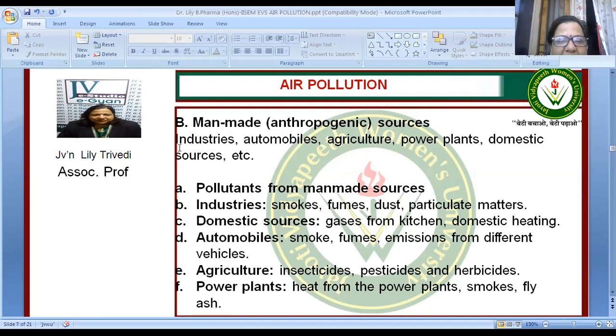Automobiles emit smoke and fumes from different vehicles. In agriculture, we spray insecticides, pesticides and herbicides on our crops, so they are also a source of air pollution. The power plants emit heat, smoke and fly ash.